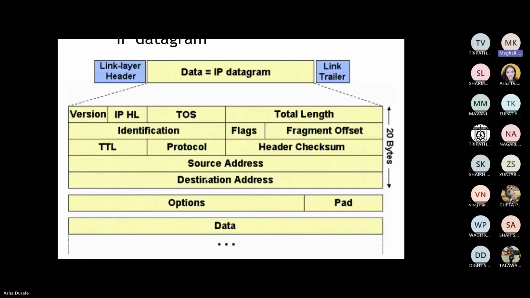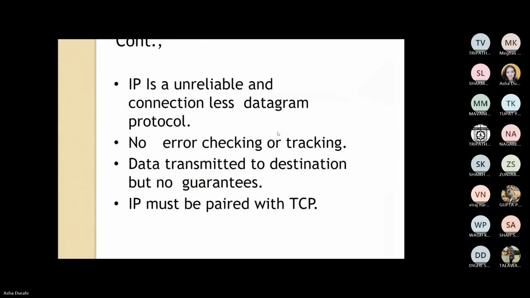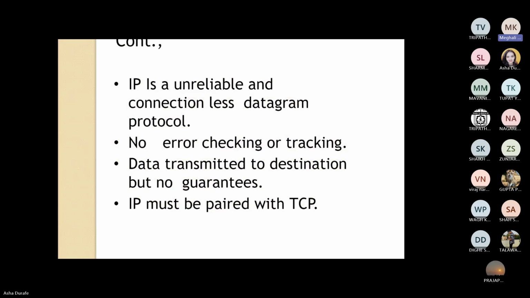So here we have already seen the IP datagram last time, all the fields in this IP header. So we have seen IP is an unreliable and connectionless datagram protocol. This is very much asked in the oral exams, what kind of protocol IP is. Like we can distinguish between TCP and UDP.